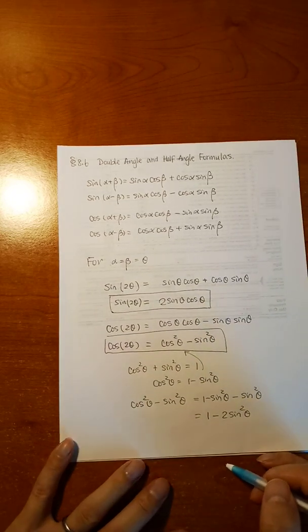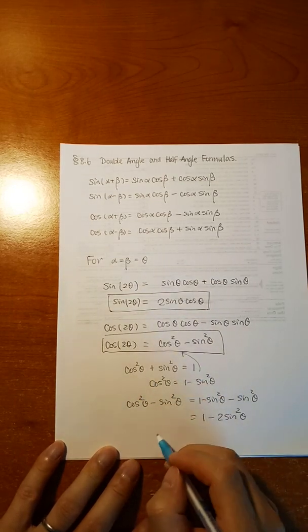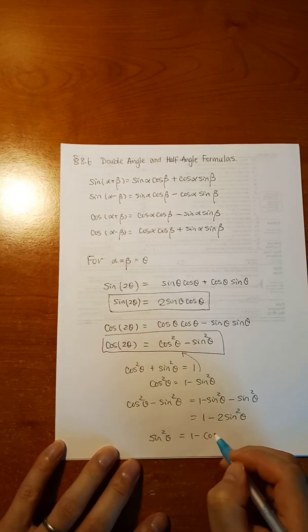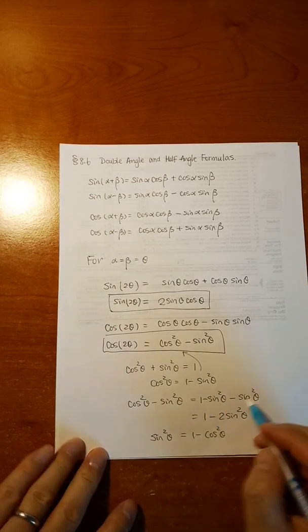In the same spirit, since cosine squared plus sine squared is equal to 1, sine squared theta is 1 minus cosine squared theta. Then we do the same computation.